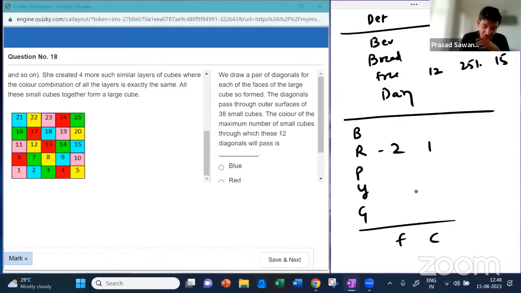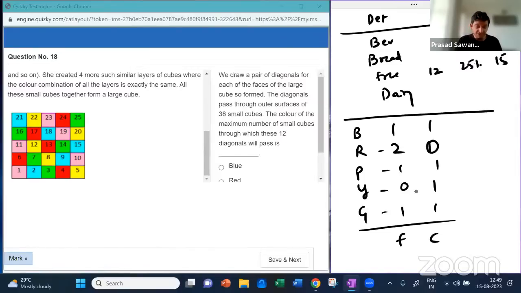So red, sorry, 0 corners for red. Blue has 1 face and 1 corner. Pink has 1 face and 1 corner. Yellow has just the 1 corner. And green, obviously it has to be, not obvious, 1 face and 1 corner.